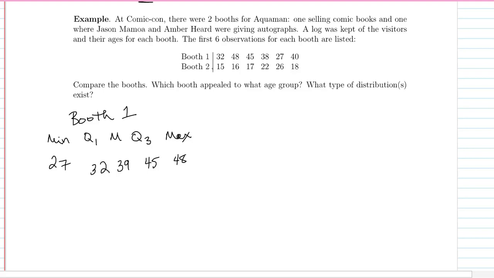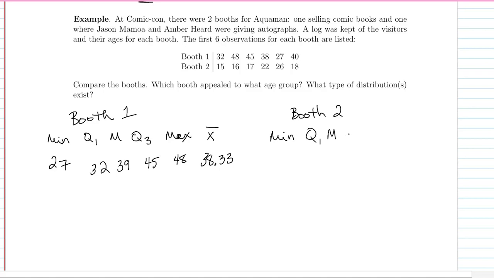Alright, so now that we have our 5-number summary again for booth 1, I'm going to make it a 6-number summary and actually add our mean, which is approximately 38.33. Okay? And then we're going to do the same thing with booth 2. We'll talk about how we calculated these X bars in a second.